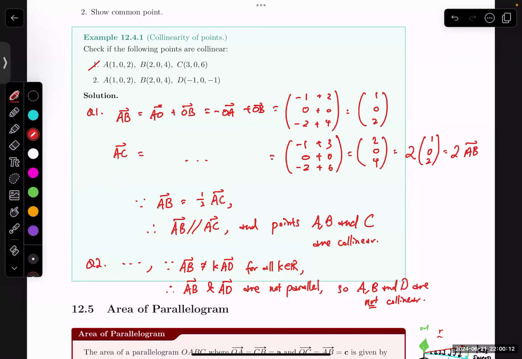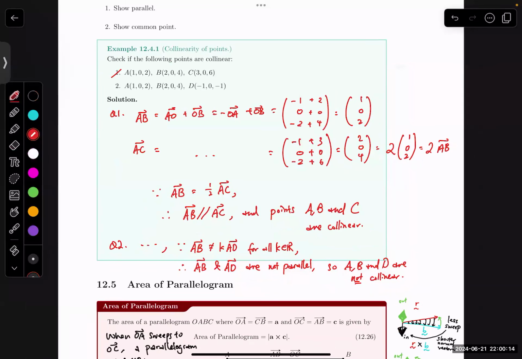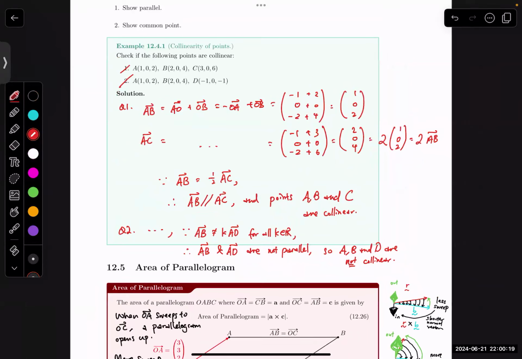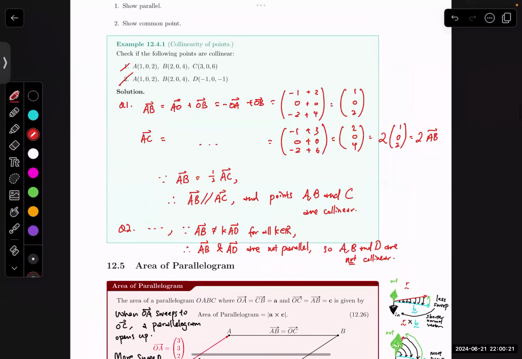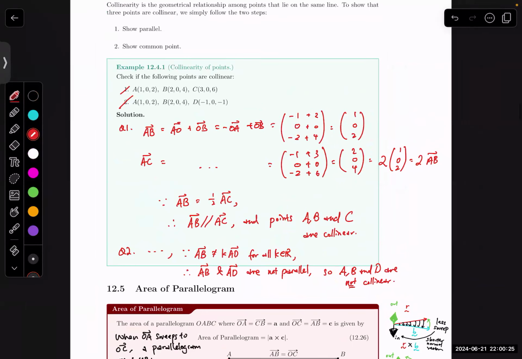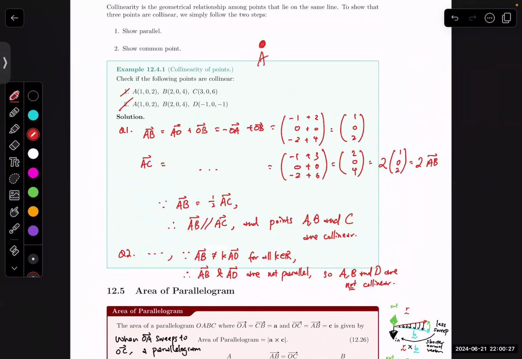Collinearity is not too difficult. Just make sure you recap a little bit and then it should be fine. The whole idea is that they lie on the same line. For example, point A, point B, and point C, and maybe point D is over here. Vector AB and vector AC must be parallel.